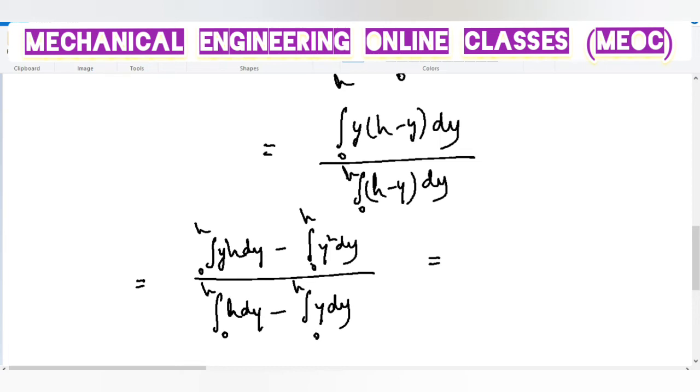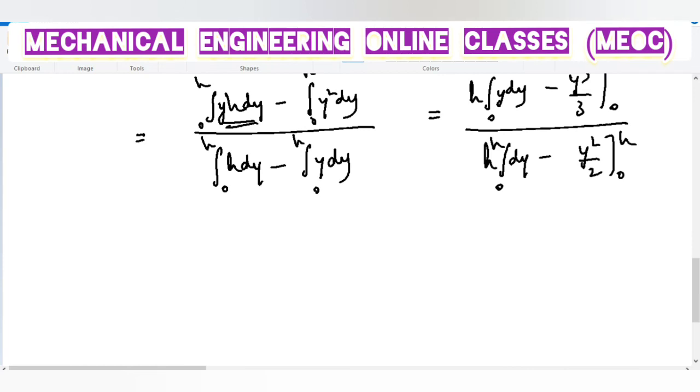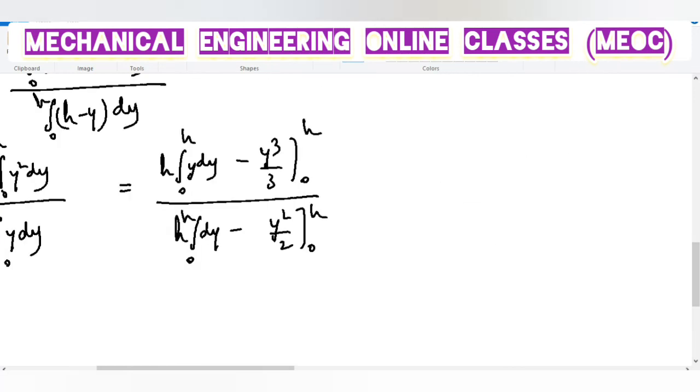In this first term, again h is constant, so h comes out: h times integral y dy from 0 to h, minus integral y square dy, which is y cube by 3, varying from 0 to h. And in the denominator, this is h integral dy minus integral y dy, which is y square by 2, from 0 to h. On further solving this, integral y dy is y square by 2.